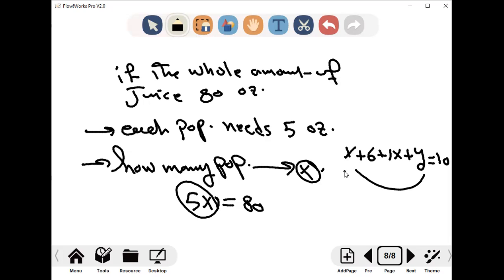Okay, solve it. Why? x is 2 and y is 2. I'll give you another solution. x is negative 4 and y is positive 8. I'll give you another solution. x is negative 10 and y is positive 6. You will have the same answer. You cannot solve it.